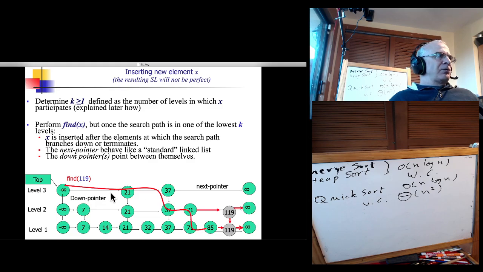If on the other hand you are performing the find of 119 recursively, then you have all the elements in your history on the stack, and now you can pull it up and insert the 119 on the way up. And in a sense, it's a better policy because for several algorithms, bottom up is more rigorous than top down.